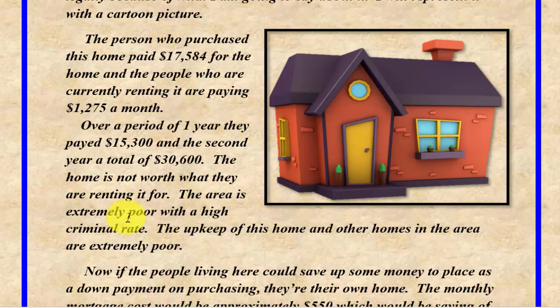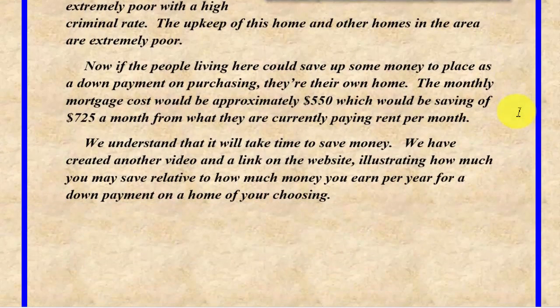The home is not worth what they are renting it for. The area is extremely poor, with a high criminal rate. The upkeep of this home and other homes in the area are extremely poor also. Now, if the people living there could save up some money for a down payment on their own home, the monthly mortgage cost would be approximately $550 a month, which would be savings of $725 a month from what they are currently paying in rent.